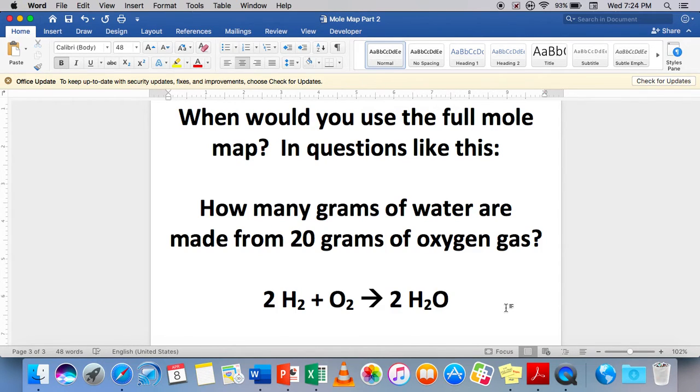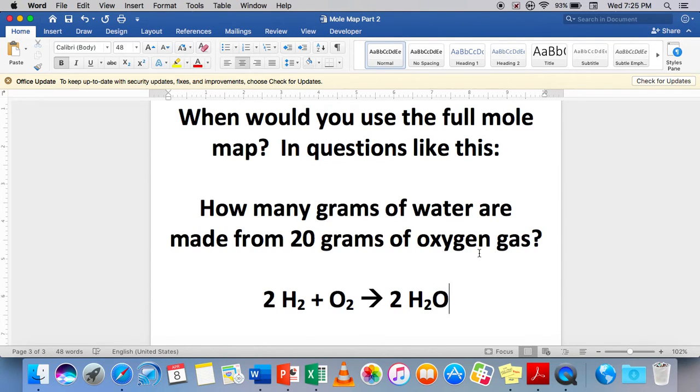Now, previously, you dealt with one reactant, one substance. Now, as you can see from our problem, there's two substances in the question. Right here we have water and oxygen.